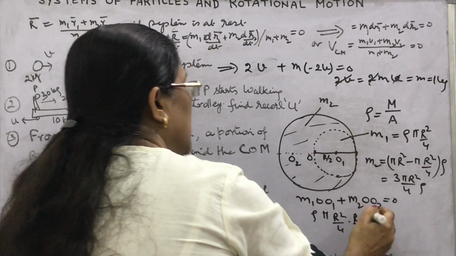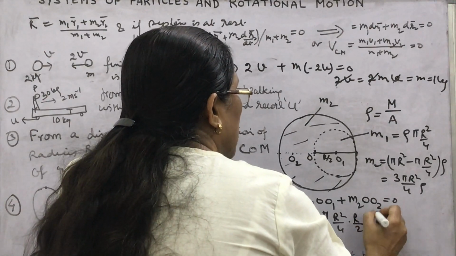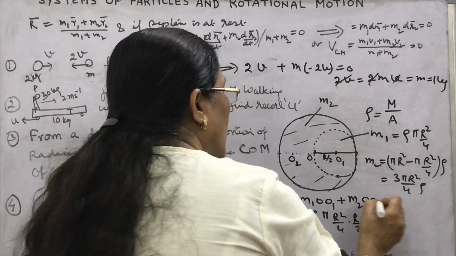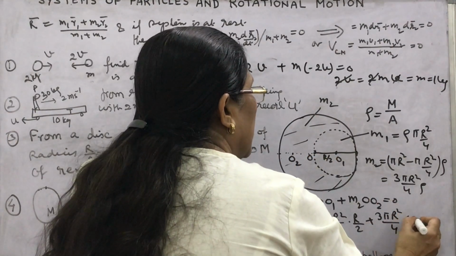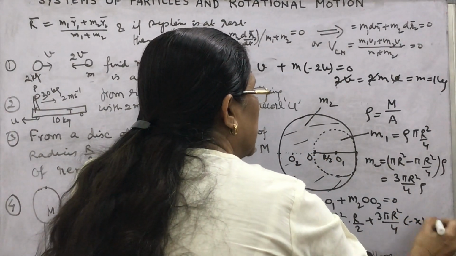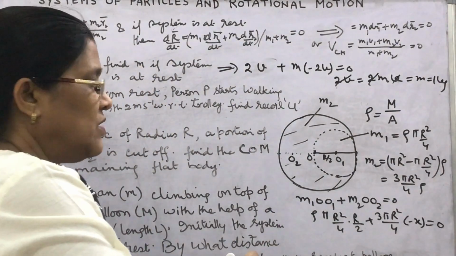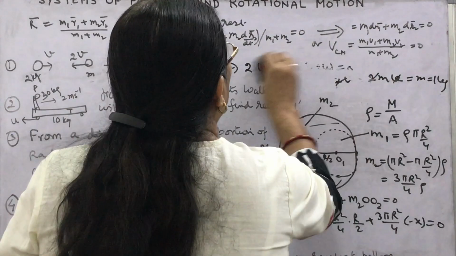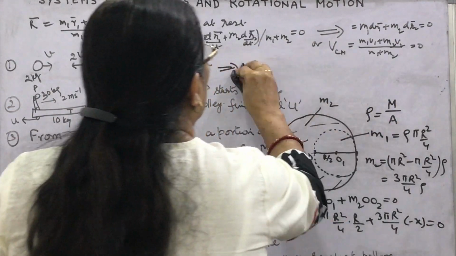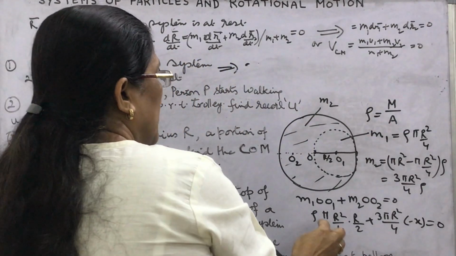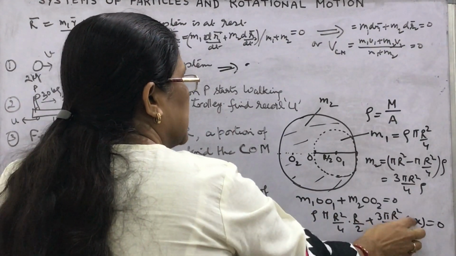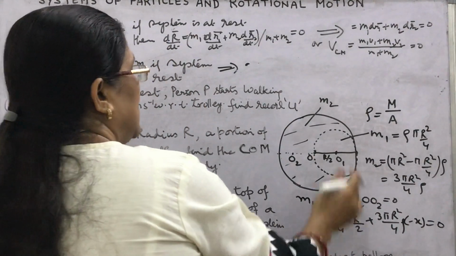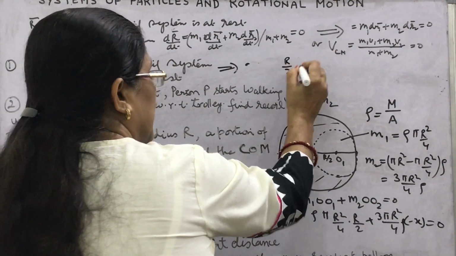This is positive, and plus M2, that is 3 pi r square by 4 sigma, into O2 with negative sign, suppose this is minus x, equal to 0. So what will you get here? This pi r square by 4, pi r square by 4, and sigma also will be cancelled, and you will get only r/2.